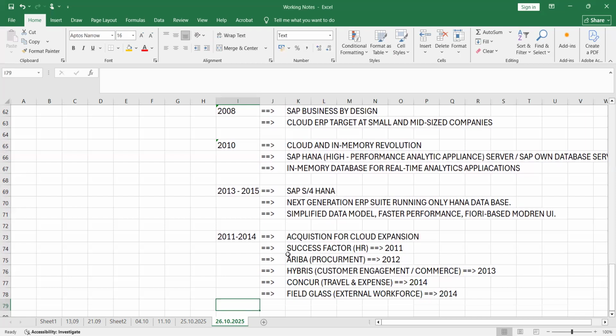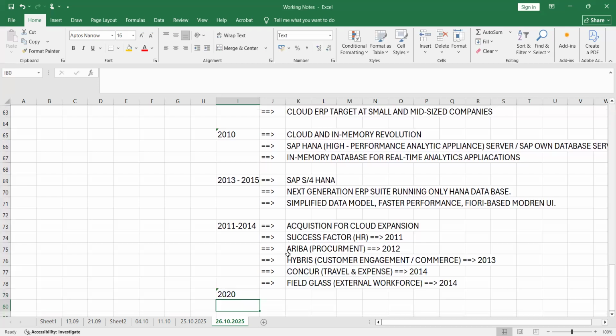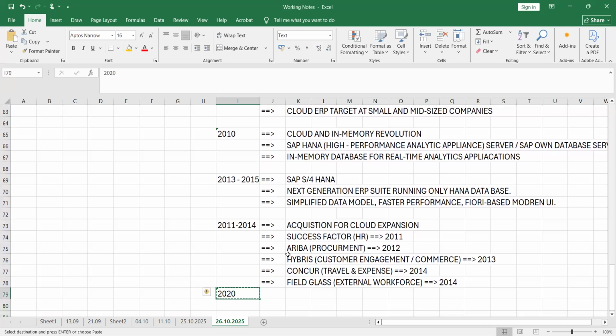Okay, next one. In 2020, I'm taking a different line. They introduced intelligent cloud-based systems.